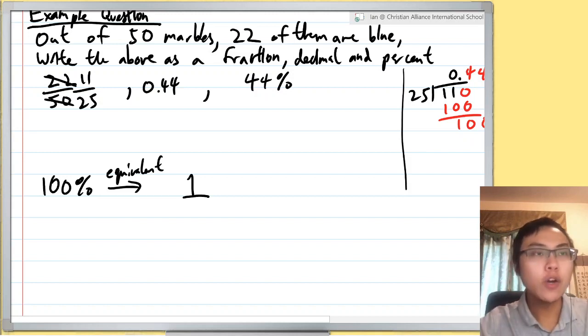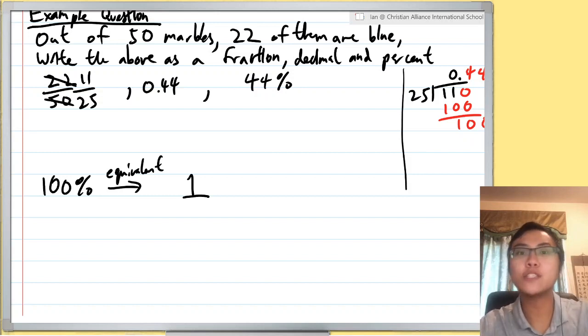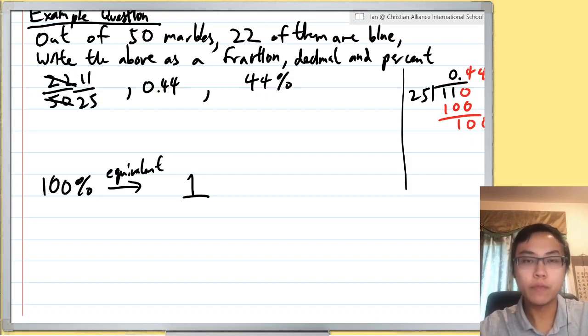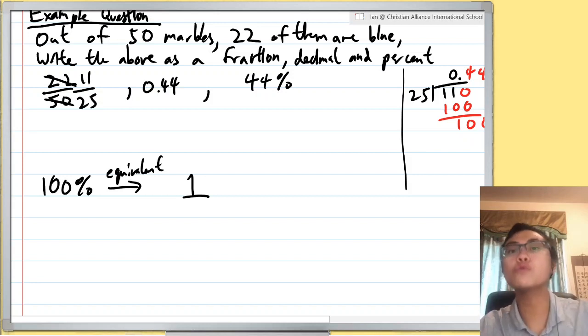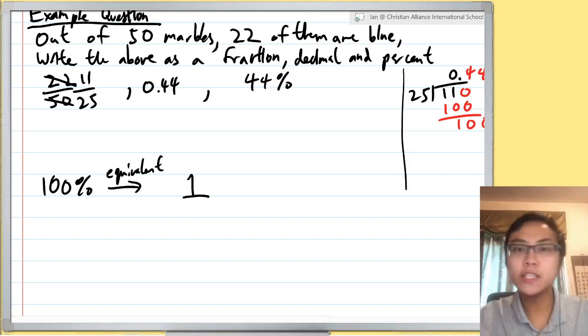If I'm saying 100% of the class, it means 1 class. If I'm talking about 100% of the school, it talks about 1 school. That's the whole school. It's not more than 1 school. It's not more than 1 class. It's just 1.